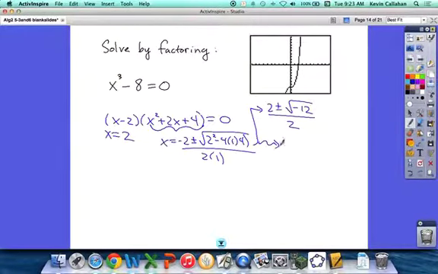So we know this ends up being 1 plus or minus 2i times the square root of, oh, sorry, that's wrong. We've solved that one already. And that's always the case: the trinomial there is always going to have imaginary solutions. You're just going to get one real solution, and it comes from that first factor.